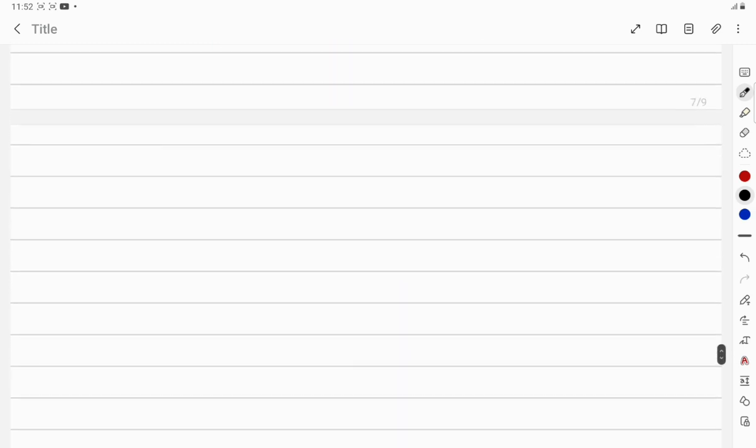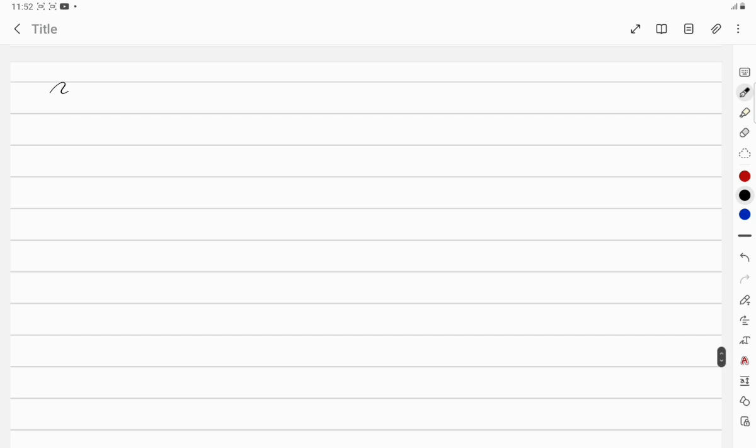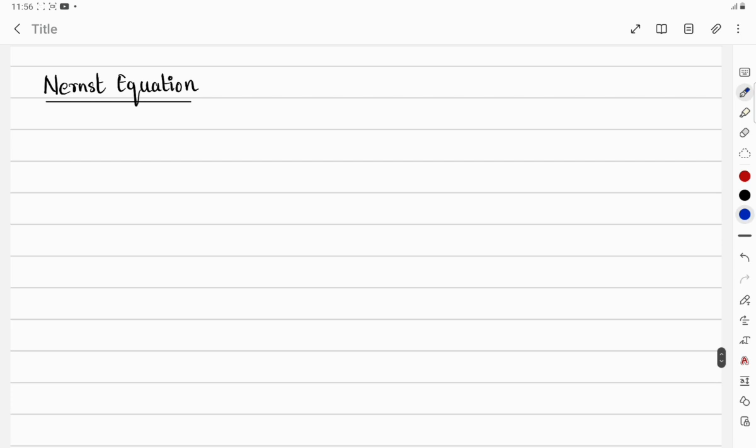Now let's go into a new topic, which will be the Nernst equation. To begin with this topic, we need to look into some basics in thermodynamics, which is related to the change in Gibbs free energy. From thermodynamics, we know the relation connecting delta G and the reaction quotient or equilibrium constant.